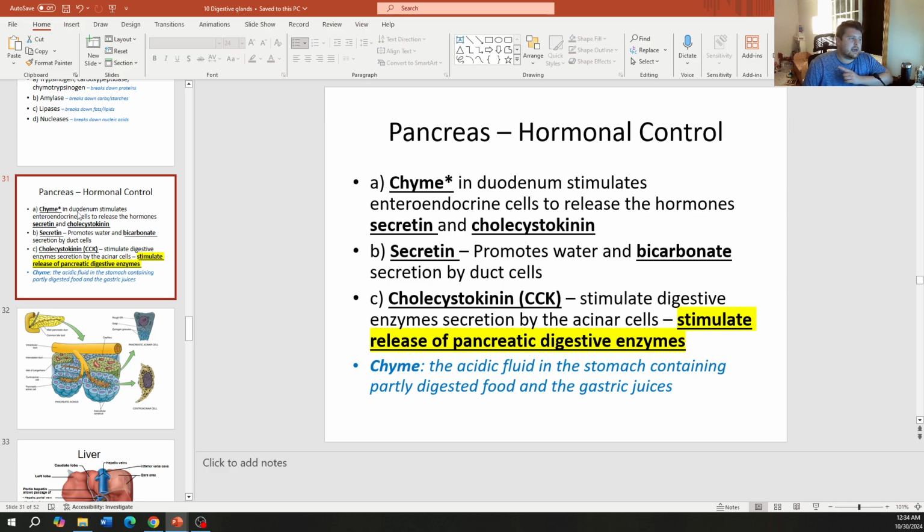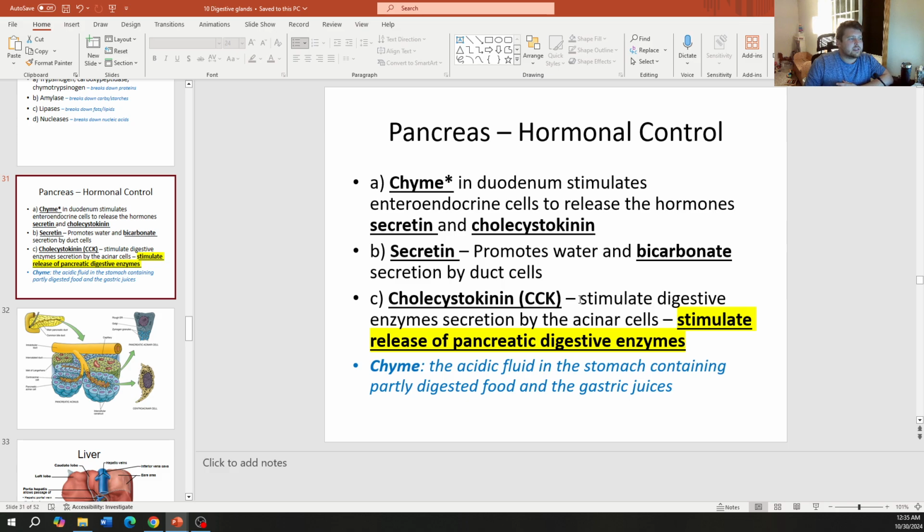Secretin acts on the cells of the pancreas and promotes water and bicarbonate secretion by the duct cells. It produces bicarbonate because chyme coming from the stomach is acidic, and we need a way to neutralize that, so that our intestines don't get burned by that low pH chyme.